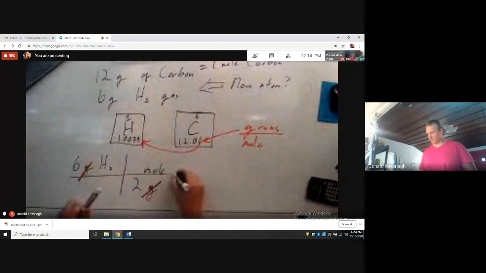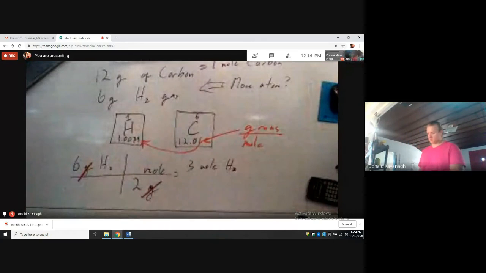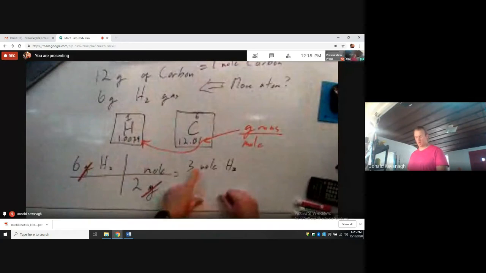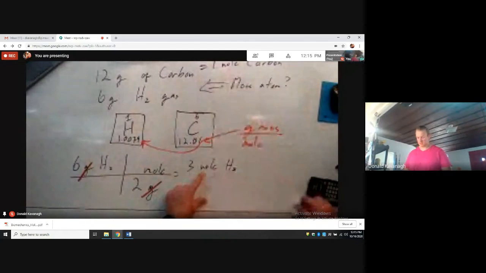Three moles of hydrogen gas. Instead of saying 3 dozen, 3 moles. 1 mole versus 3 moles, it's easy to see which one has more atoms.